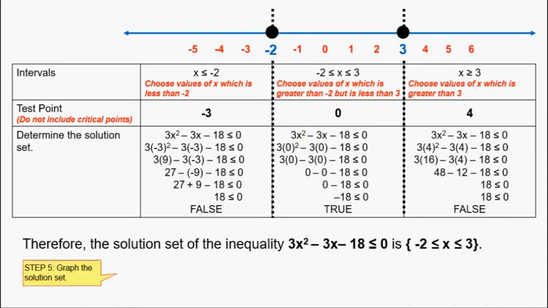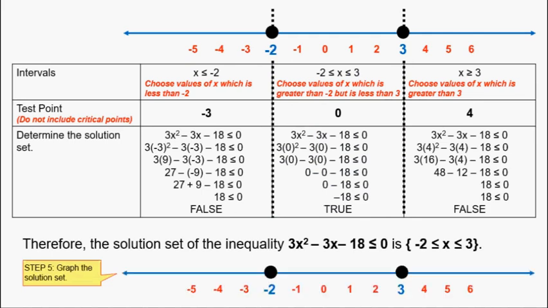Okay? So, step 5, graph the solution set. Ayan. So, we have solid circles kanina. Ang gagawin lang is i-highlight, kapalan yung linya, or i-darken nyo lang yung ating solution set. And that's it. That is how you solve for the solution set of the quadratic inequality. Okay?